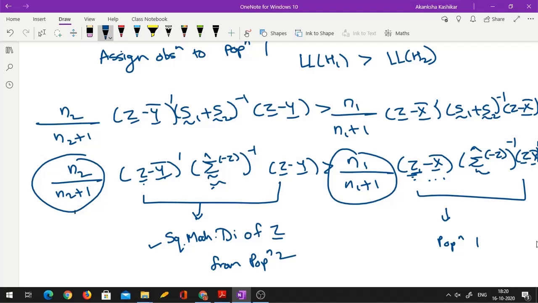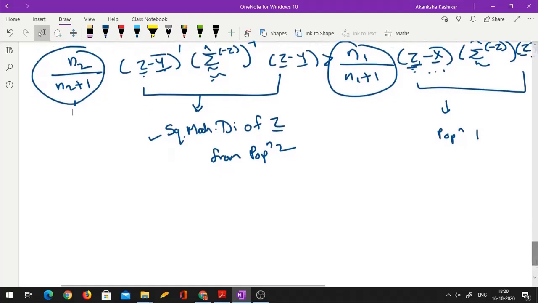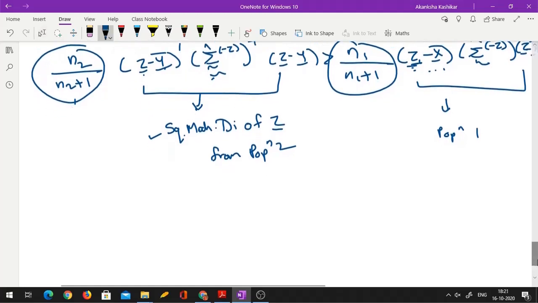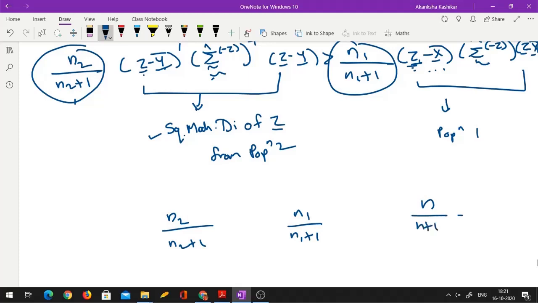And now what is the role of this quantity N2 upon N2 plus 1 and N1 upon N1 plus 1? We know this is playing a role slightly like that of prior probability, okay? We know that N upon N plus 1 goes to 1 and it's an increasing sequence, right?